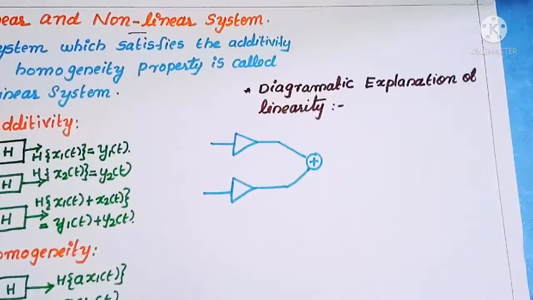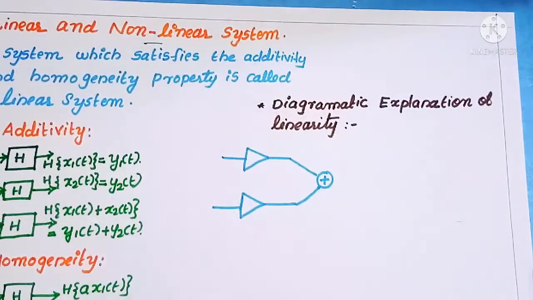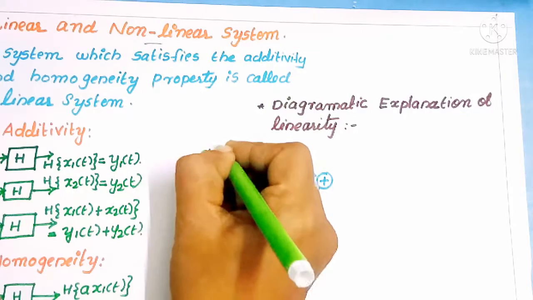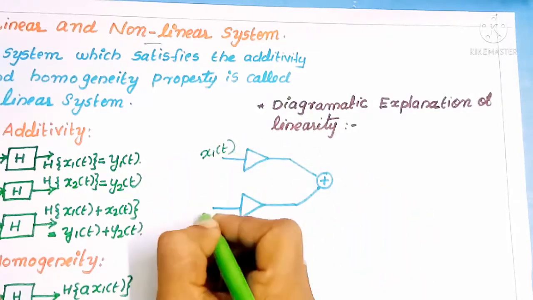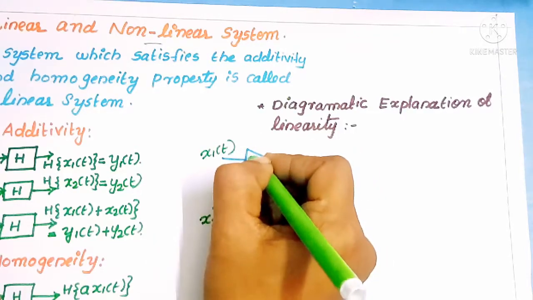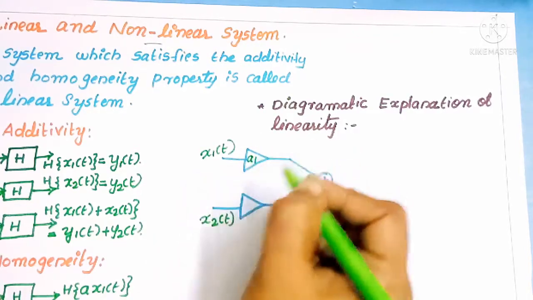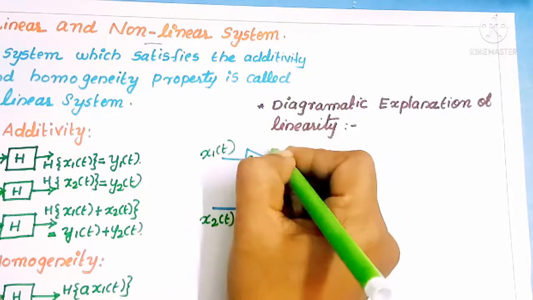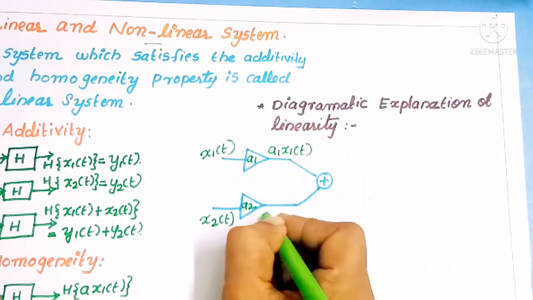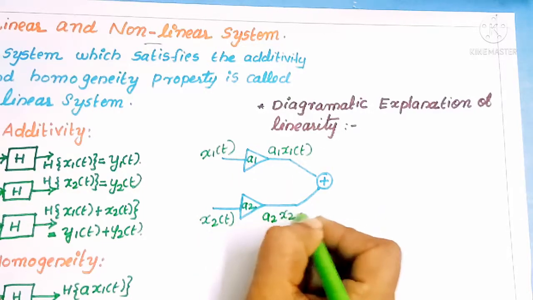Also, to understand more, we can take the diagrammatic explanation of a linear system. Here I am taking two input signals, x1 of t and x2 of t. Next, perform the amplitude scaling operation, a1 and a2. The outputs are a1 into x1 of t and a2 into x2 of t.